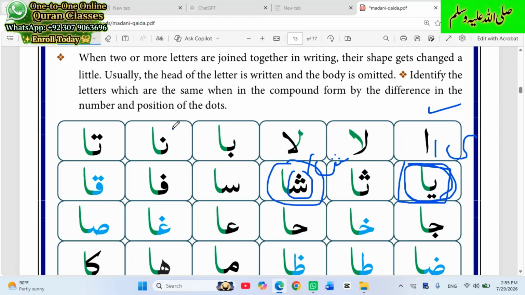Noon, Alif. Ta, Alif. Ya, Alif. Pa, Alif. Shin, Alif.